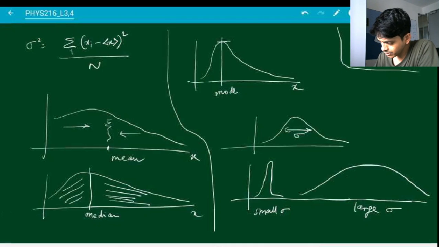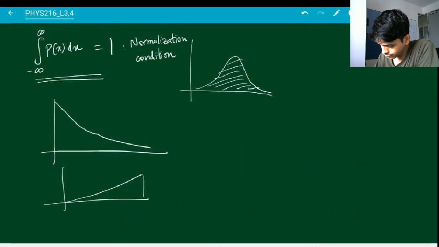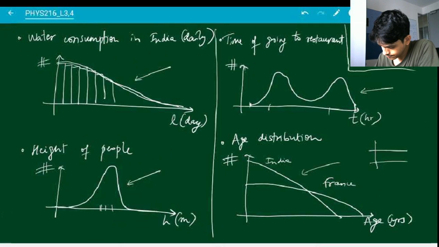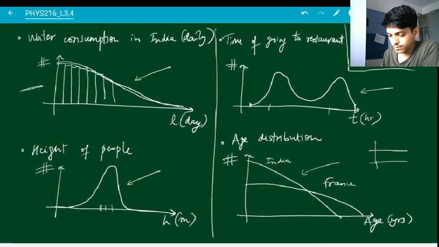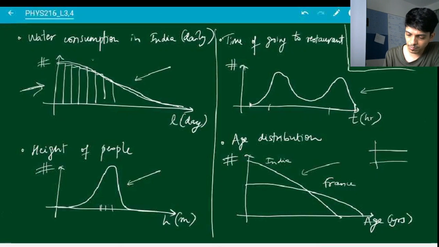So for example, if we go back to those distributions that we drew, for a distribution like the first one, mean might not necessarily make sense because you have a large number of points at small L, very few points at large L. Okay, sure, you can calculate what the mean is. The data will pull the mean towards the left because there are more points over there.